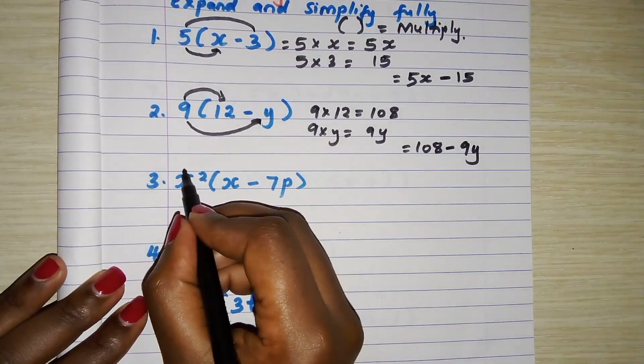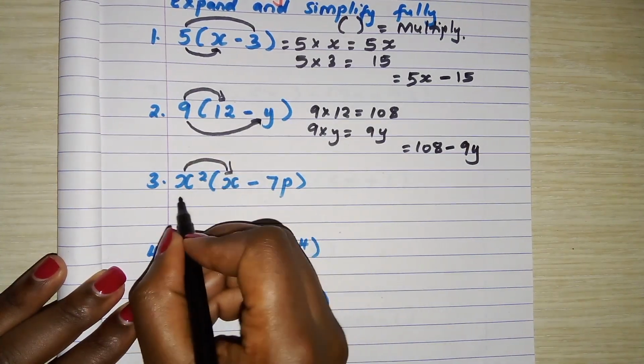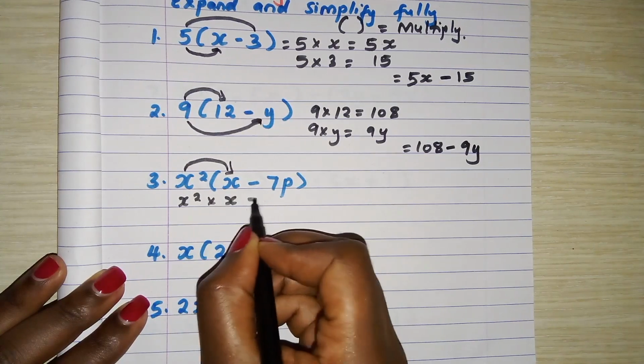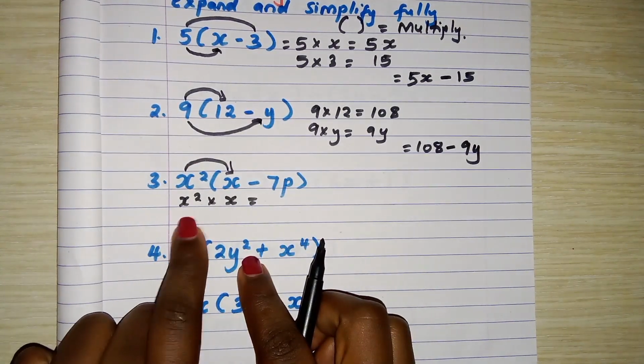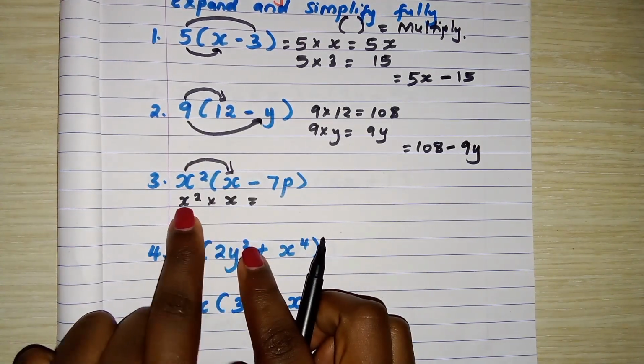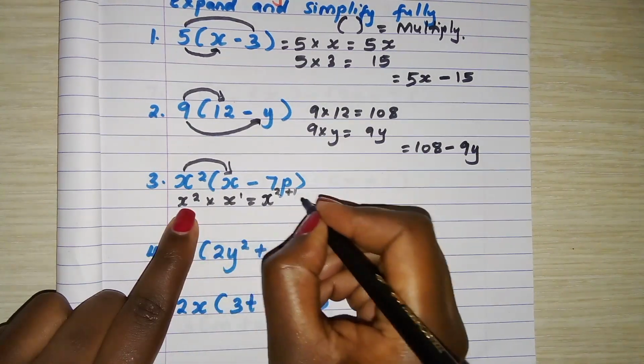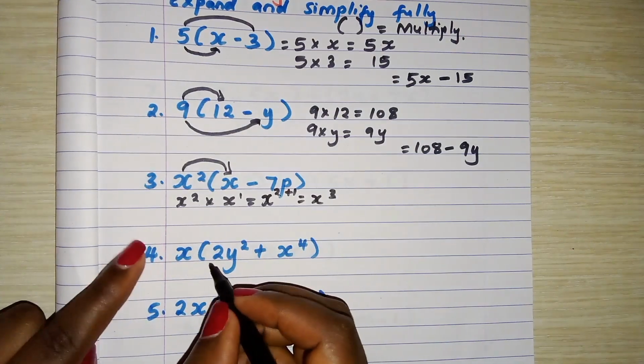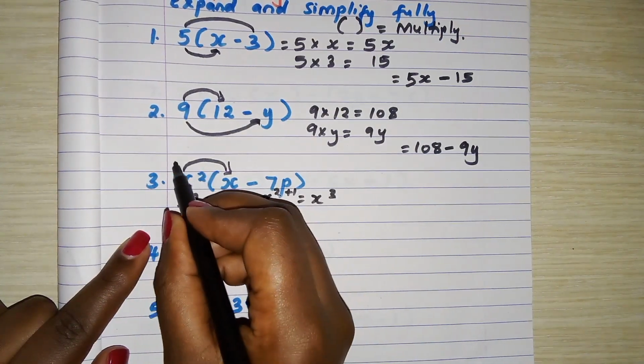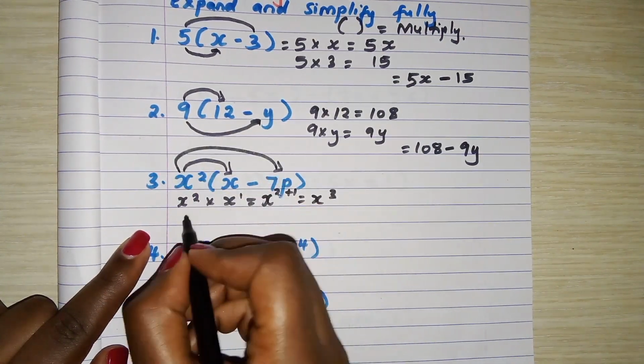Okay, number 3, we do x squared times x. So when you multiply, I have a video on indices, so when the base is the same, you just add the powers. So here the power is 1, 2 plus 1 would be x power 3. And then we now do x squared times 7p.